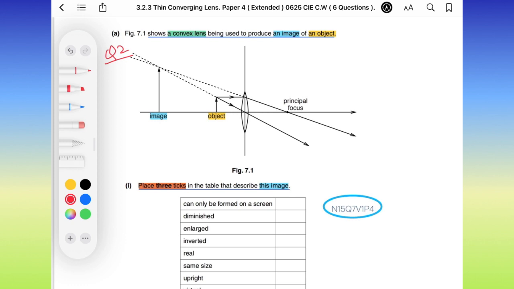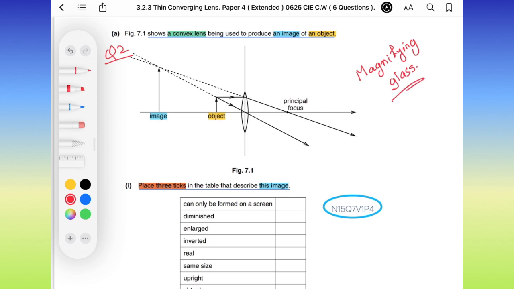So, according to the ray diagram we have in your question, you have to describe this image. You can say this case is the case of a magnifying glass. How do you know?